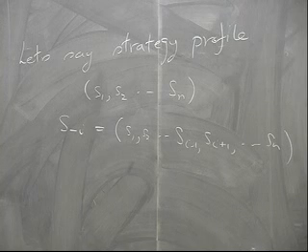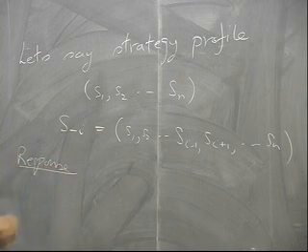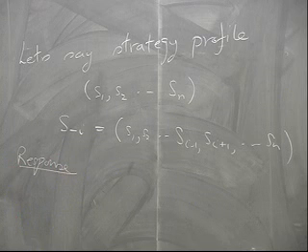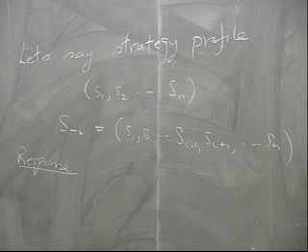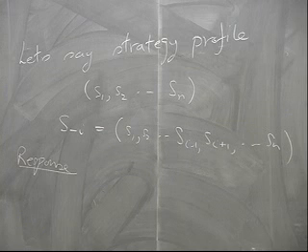So now I want to define what's called a response. A response is essentially the choice that player I makes. So in the chess game, for example, intuitively we see that there is some action being played by the white player, and the black player is going to play some other action in response to that, and then the white player makes an action as a response to that. Those are actions that are responses. But we can also think about responses to strategies.